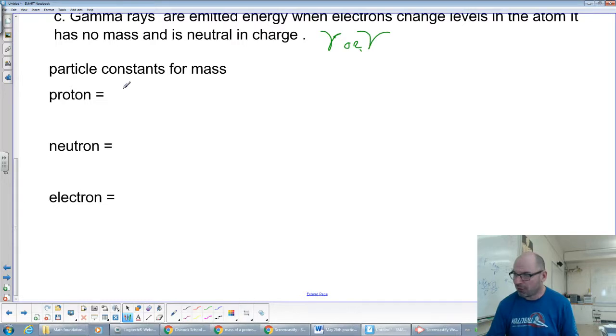So a proton is 1.6726 times 10 to the negative 27 kilograms in mass. A neutron is slightly heavier, so let me just get that one here.